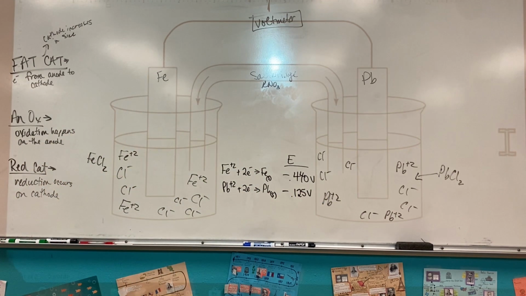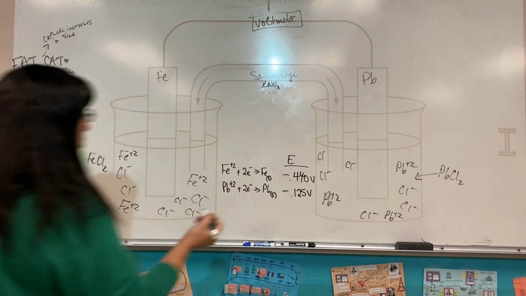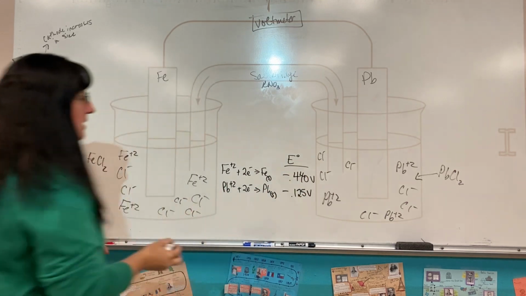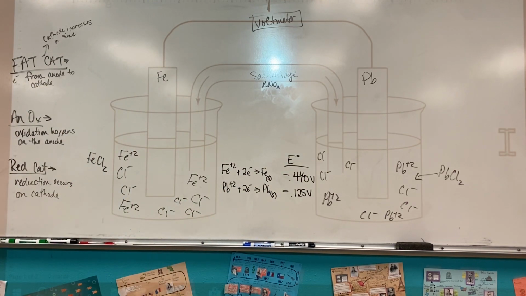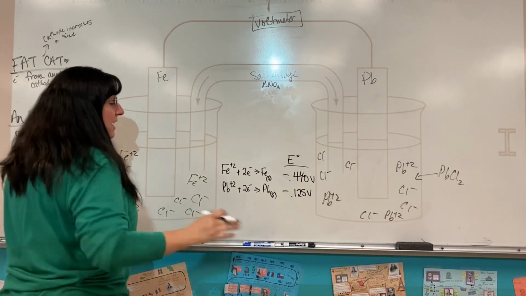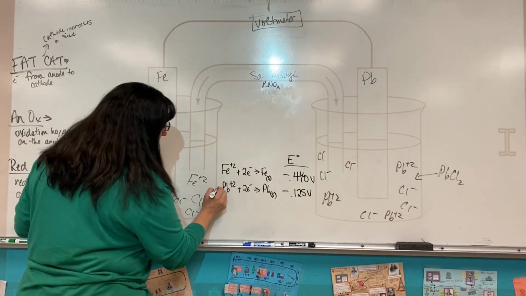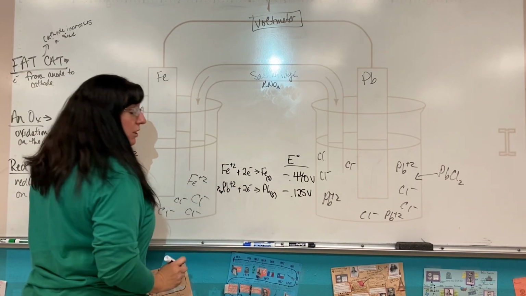All right, so now that I have those written, one of those is the reduction, one of those is the oxidation. And you have to try to figure out which one is which. So I told you, you want to look at the more positive number. They're both negative, but which one's more positive? The lead. And so therefore, since that's the reduction table, this is going to be definitely the reduction.